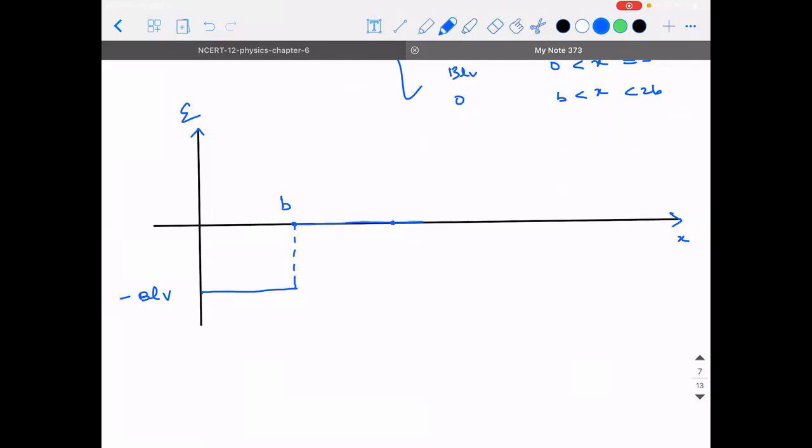And from 2B to B, again it is 0. And from B to 2B, the value will be like this. So this value is minus BLB and this value will be BLB.